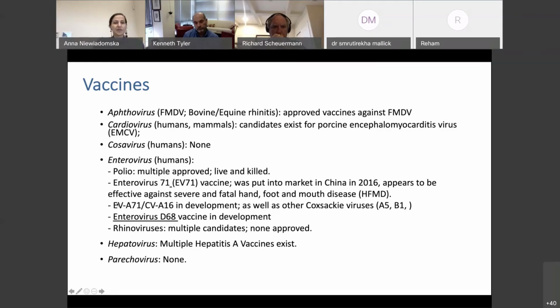But they're also developing a double vaccine against both Enterovirus A71 as well as Coxsackievirus A16, which also is a causative agent for hand, foot, and mouth disease. And they're trying to develop combination vaccines for other species so that it's cross-protective.